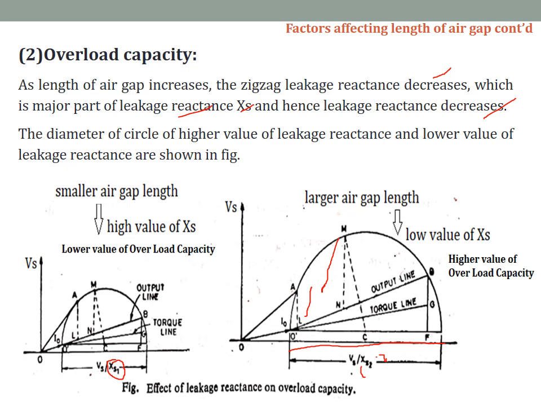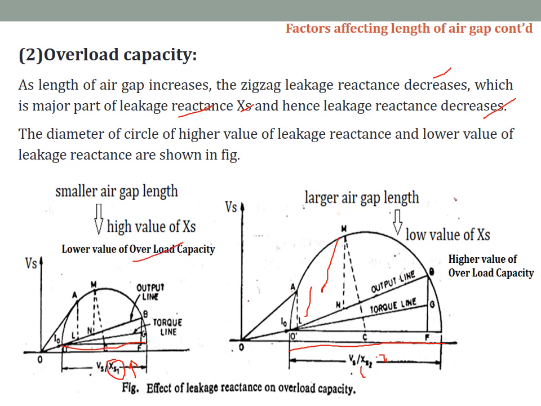When air gap length is small, the zigzag leakage reactance increases, and the leakage reactance will increase. Because of that, the diameter of the circle diagram will be less, and overload capacity decreases. You will get a lower value of overload capacity.